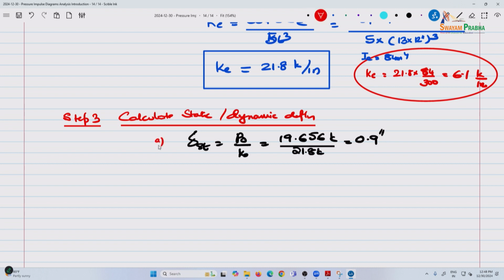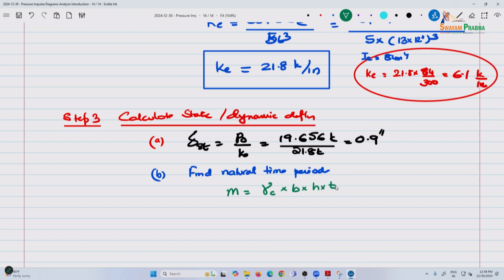This is the second part: find the natural time period. For this, M is concrete multiplied by the volume divided by G. So for us it is 150 pounds per cubic foot.